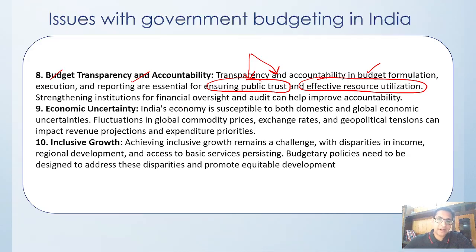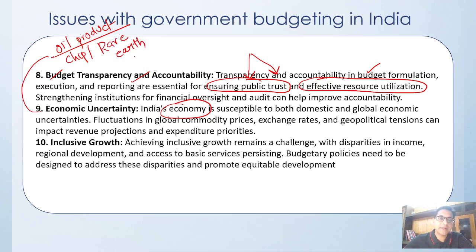We know that our Indian economy is susceptible to both domestic and global economic uncertainties because for certain products like oil products, we are heavily dependent on the outside world. And now semiconductor chips and rare earth metals, we are also heavily dependent on the outside world.